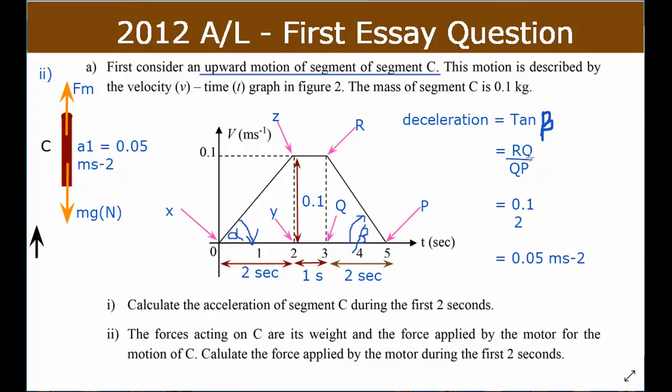We must use a minus sign when we use it as an acceleration. So if you use the equation v equals u plus at, or F equals ma, or any other equations, whenever we use it as an acceleration, we should use a minus sign. That's the meaning. Right. Complete it there.